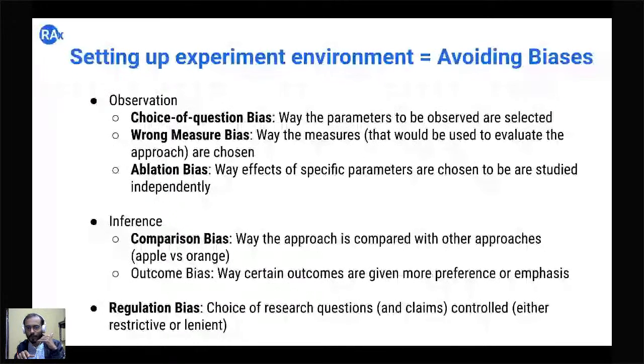And a related bias is wrong measure bias. This happens in quantitative research, where the mathematical or statistical measures that you are using to evaluate the approach are themselves problematic.